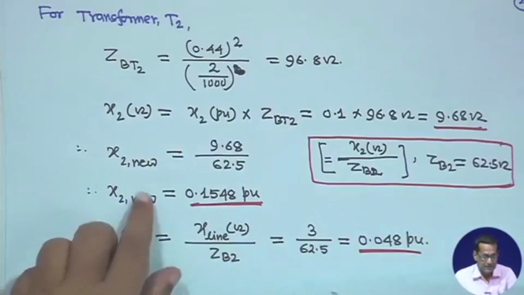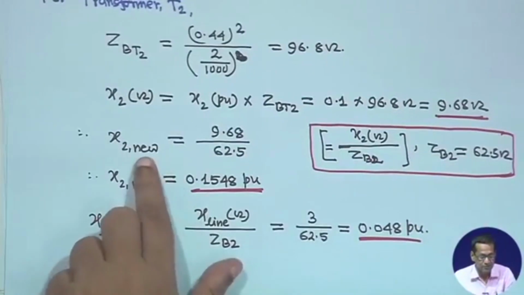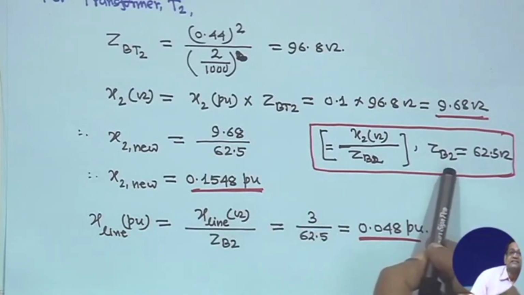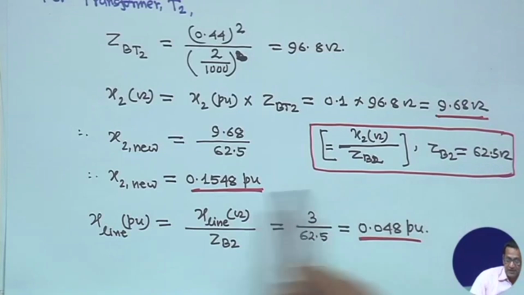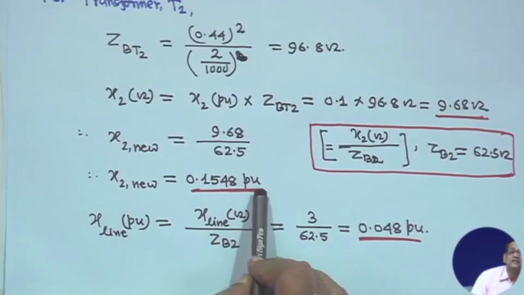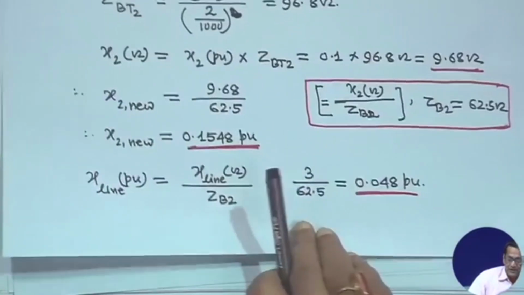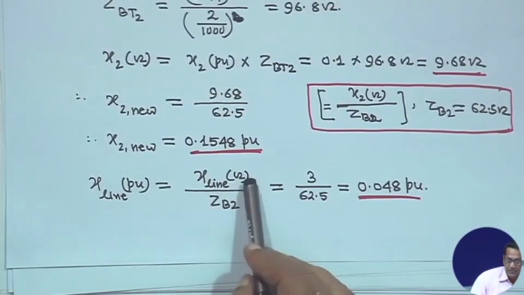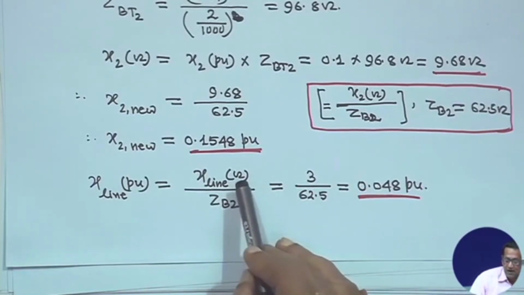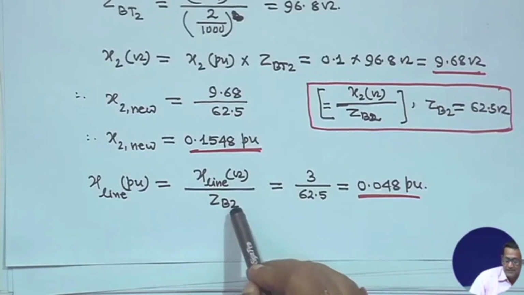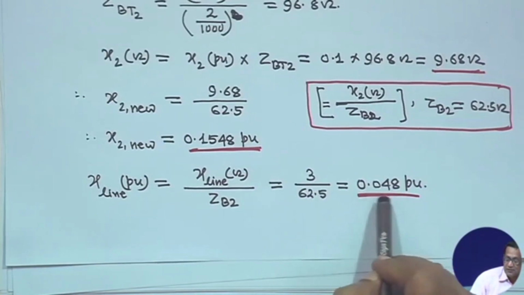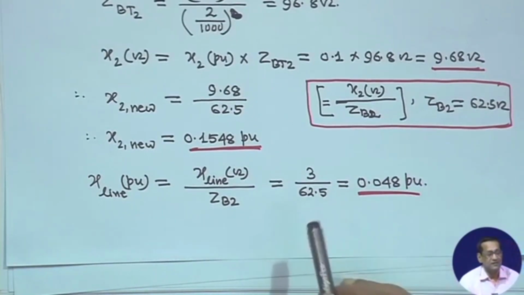That means x2 new is equal to 0.1548 per unit. Similarly, for the line, x line per unit is equal to x line ohm upon ZB2, that is 3 upon 62.5, because line reactance is 3 ohm divided by the base impedance of section 2. That is 0.048 per unit.